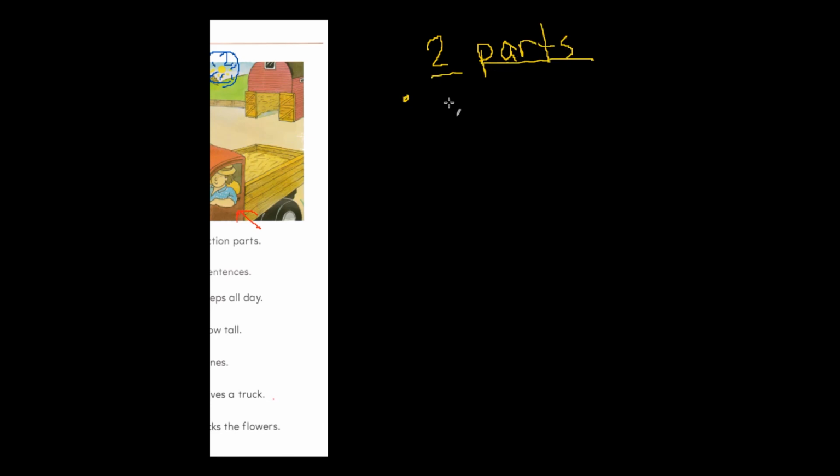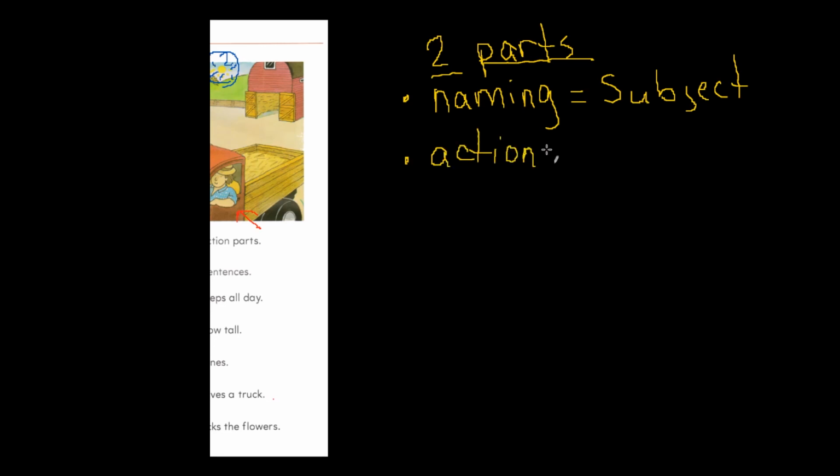And the first part is our naming part, and we call that the subject of our sentence. And the other part of our simple sentence is the action part, and we call that the predicate.